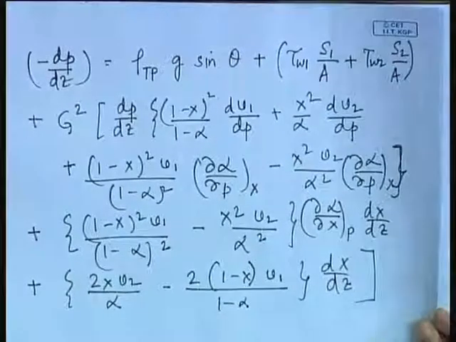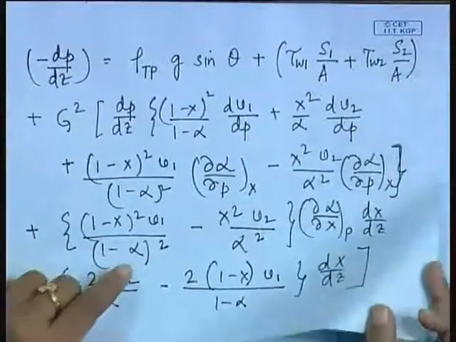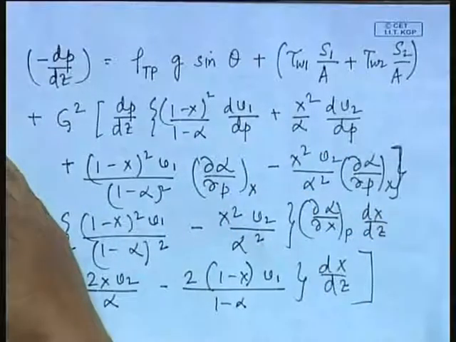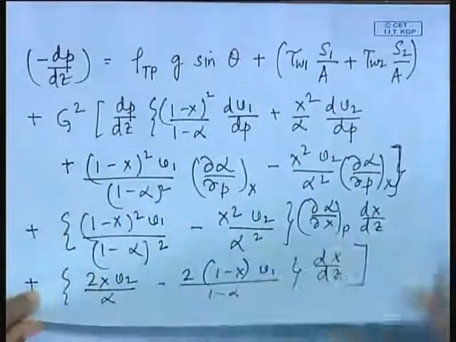Okay. Now, once we get this, we can simply bring all the dp dz containing terms to one side, so that it becomes easier for us. And if we do that, what do we get?